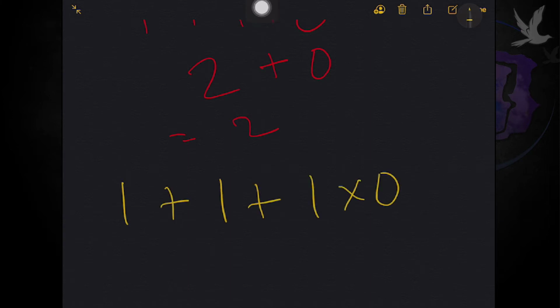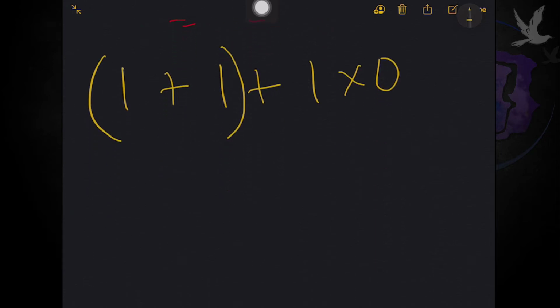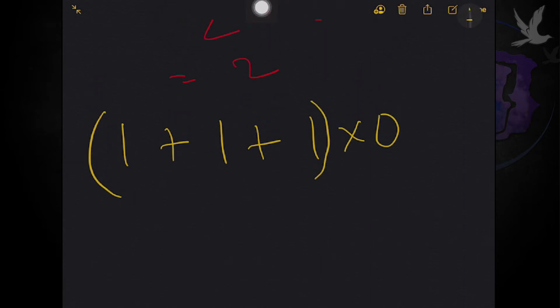Now, what if, using the same example, 1 plus 1 plus 1 times 0, we now have an open close parenthesis here? Let's include this, including the last one. 1 plus 1 plus 1 times 0.